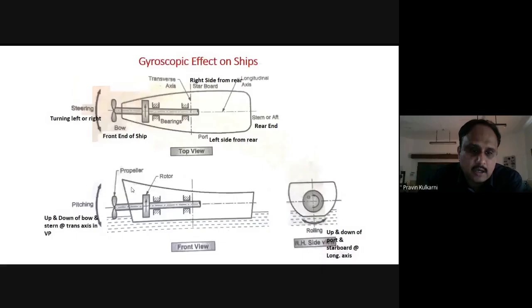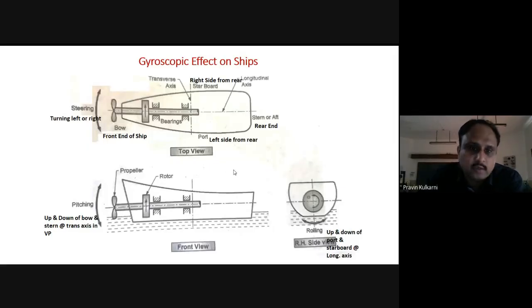So in simple words, up and down motion of the bow is called pitching. Obviously that will be in front view. The third motion is called rolling. What is rolling? Rolling is up and down of port and starboard.